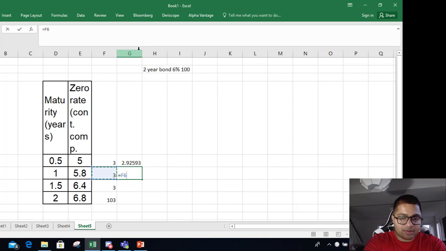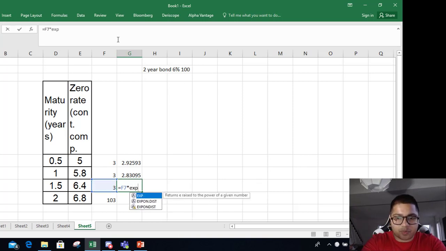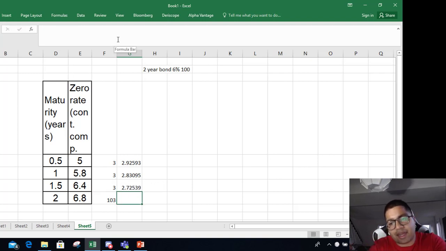Next 3 multiplied by exponential function interest rate 5.8% into 1, and it should be negative sign because we are discounting. Next it is 3 multiplied by exponential function, interest rate is 6.4% into minus 1.5. And last it is $103 that you're going to receive.